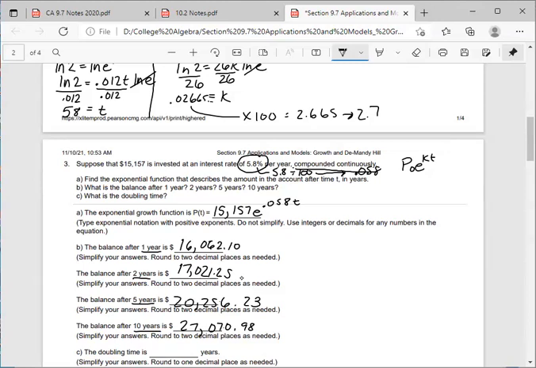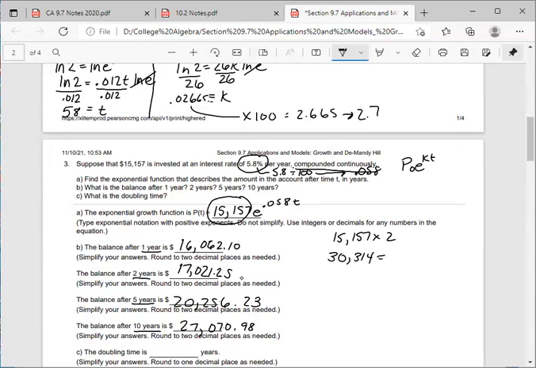So then it wants to know, well, how much time is it going to take to double? Well, here's what we had in the beginning. So the first thing we need to do is say, well, what is 15,157 times 2? That's our goal, what we're looking for. Okay, I'm getting 30,314. That's how much I would have if I had double that amount.